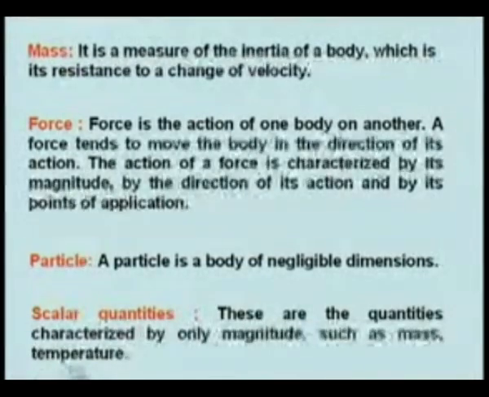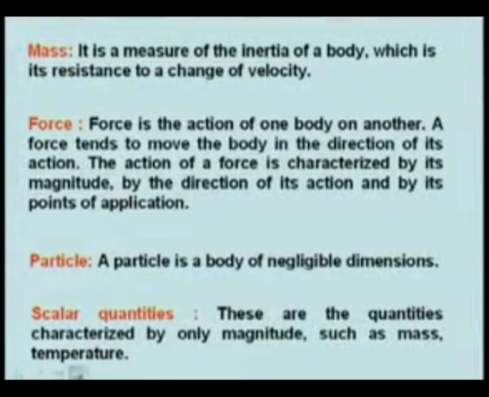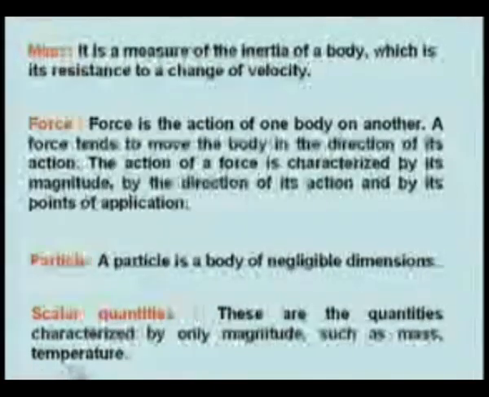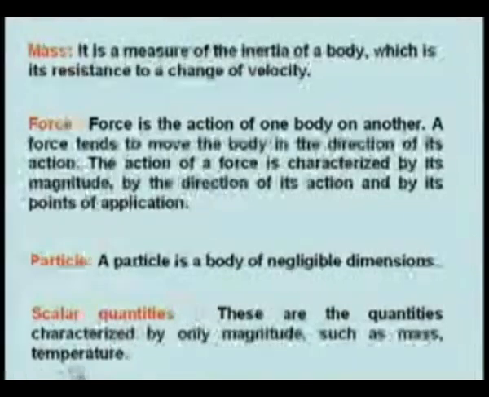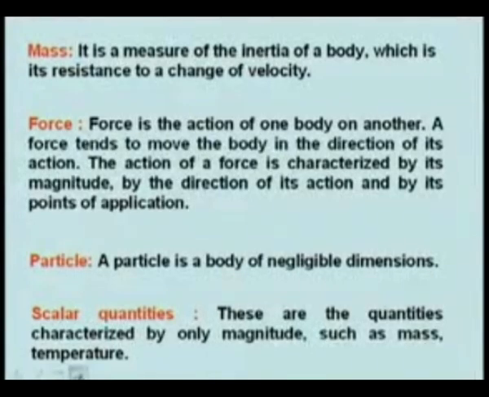A force tends to move the body in the direction of its action. The action of a force is characterized by its magnitude, by the direction of its action, and by its point of application. So, three things are important: the magnitude of the force, the direction of action, and the point of application.